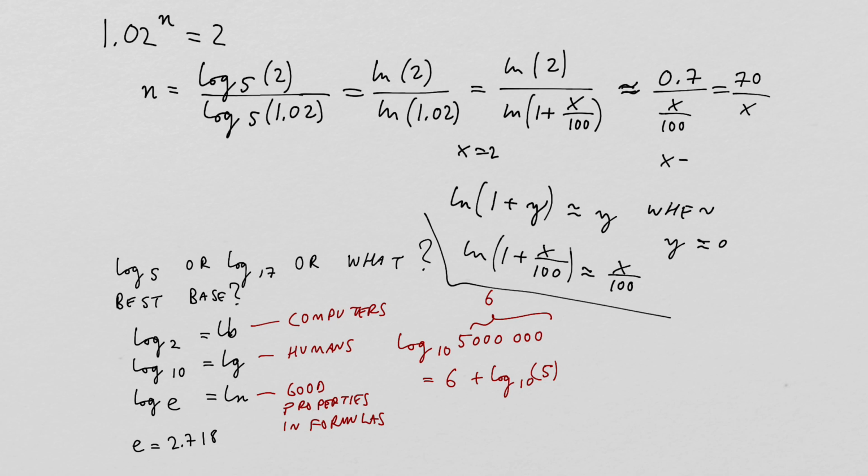And if we plug in that x is 2, we get 70 over 2, which gives 35. The point here is that this beautiful formula works best for the natural logarithm.